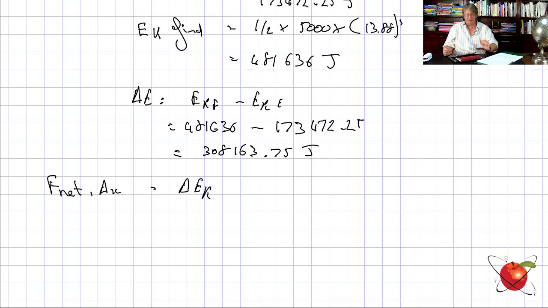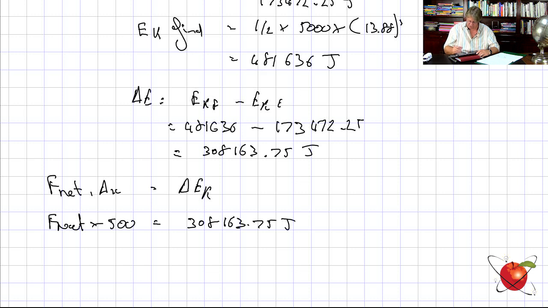Therefore, F net times 500 meters is equal to 308,163.75 joules. Therefore, F net is going to be just that divided by 500, which is 616.33 newtons.